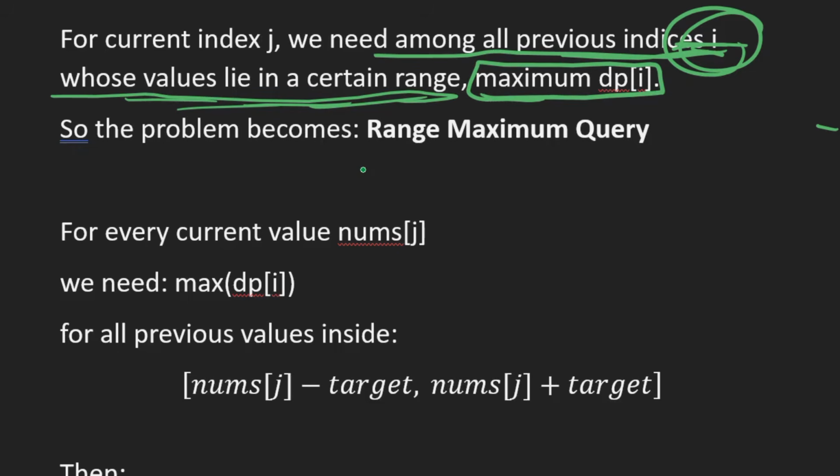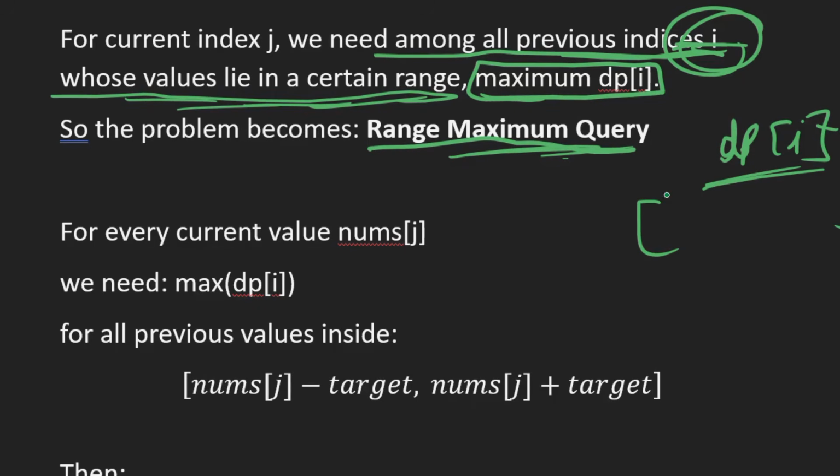Now if you see, our problem has been converted to a range problem, that is a range maximum query. We have to find the maximum value of dp of i in a range of indexes.